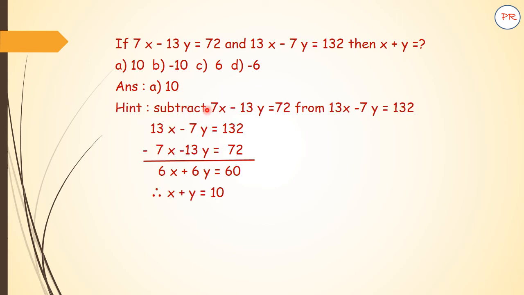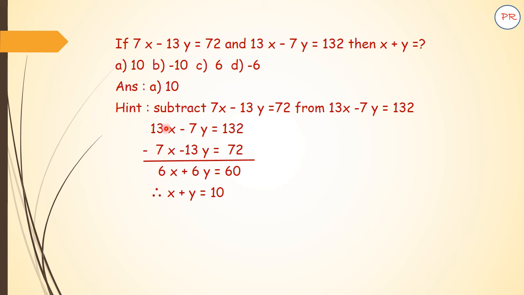For that, we have to subtract 7x minus 13y is equal to 72 from the second equation, 13x minus 7y is equal to 132. So 13x minus 7y is equal to 132 minus 7x minus 13y is equal to 72.